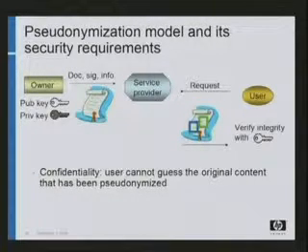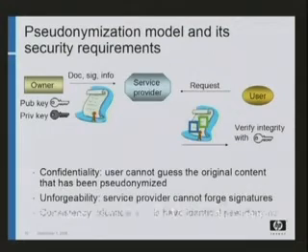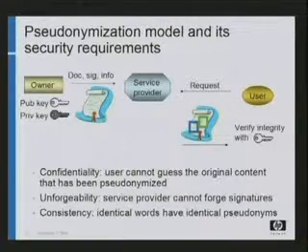So we have three security requirements. One is confidentiality. That is, having seen the pseudonyms, the user cannot guess the original content with non-negligible chance. This provides the secrecy of the document. The other is unforgeability. Essentially, it says the service provider and any other third party cannot forge a valid signature that can be accepted by the user.